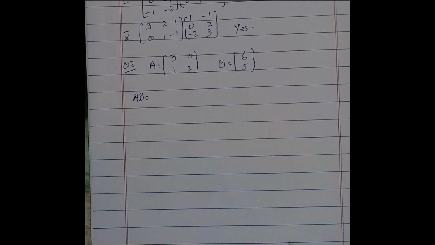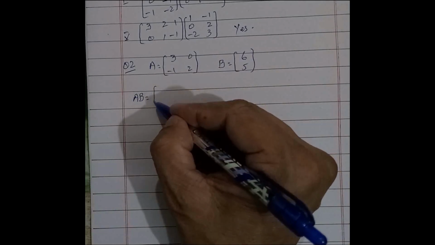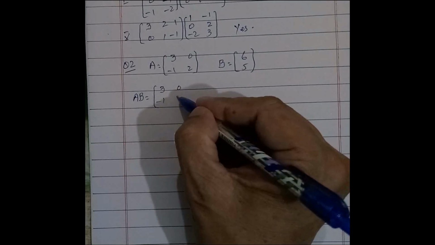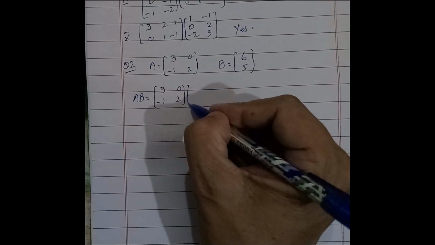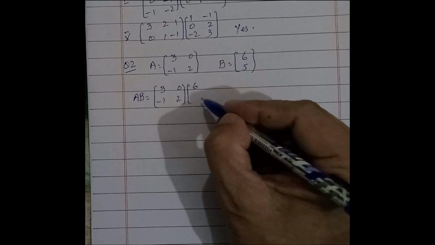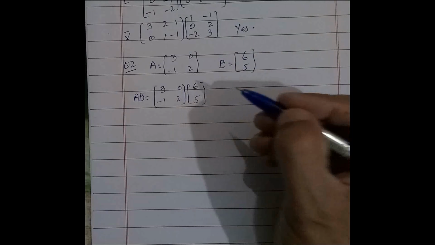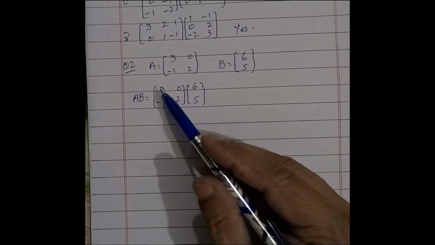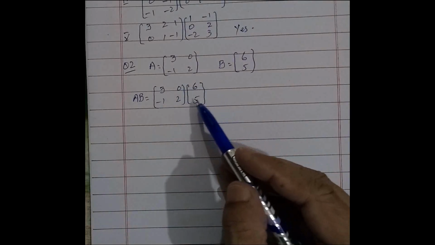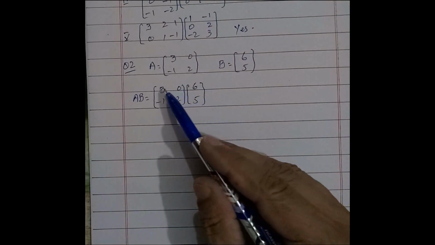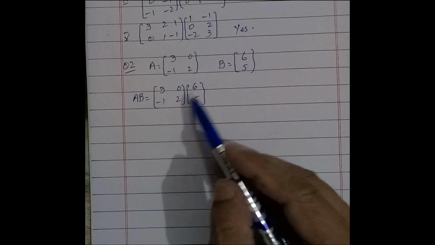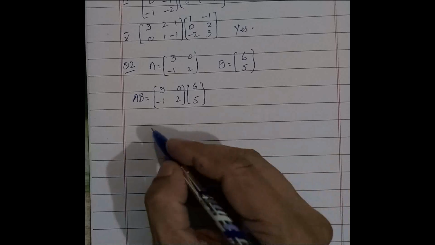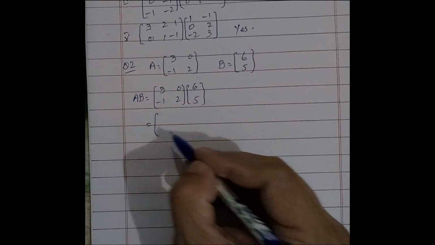AB means A multiplied by B. The first matrix A is 3 0 minus 1 and 2, and the second matrix is 6 5. According to the rule, the columns of the first matrix must equal the rows of the second matrix. They are 2 columns and 2 rows, so they are conformable for multiplication, and we multiply these values.